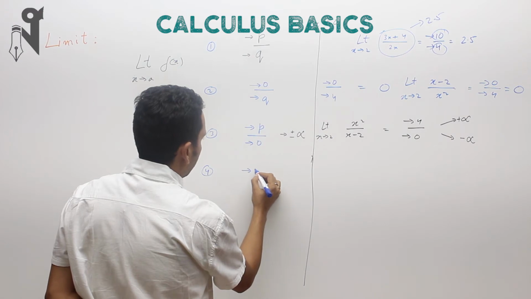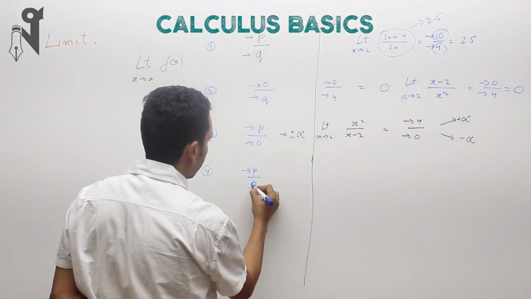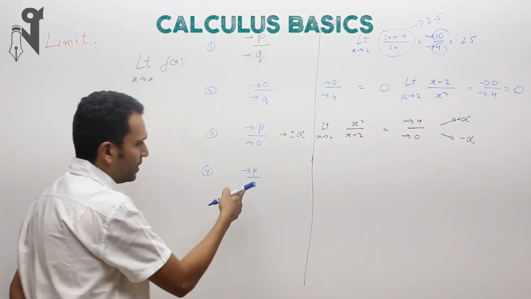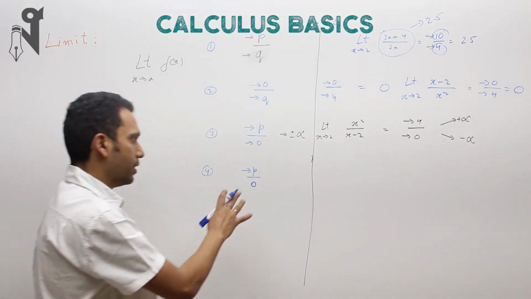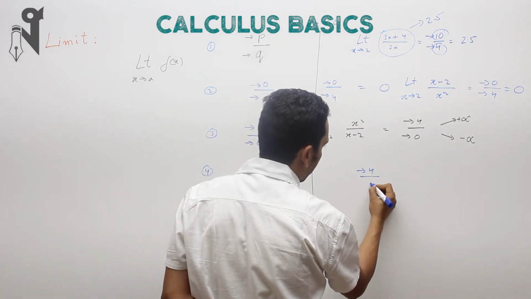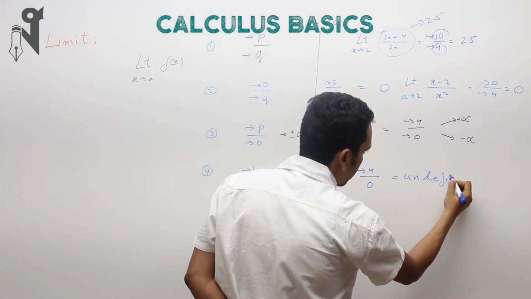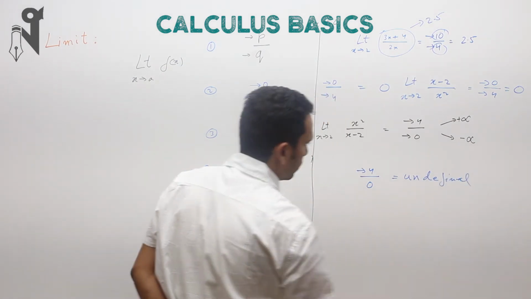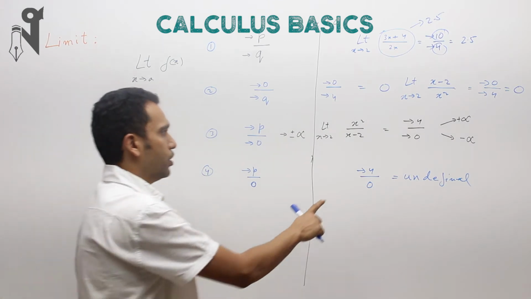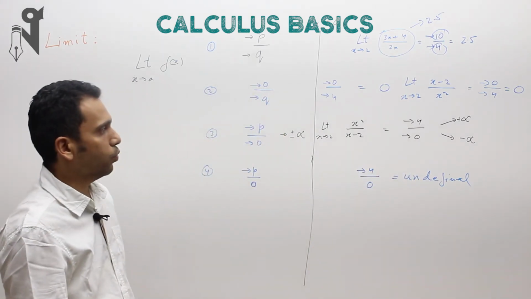And then the next kind can be something tending to p divided by an exact 0. Now if you have an exact 0 at the bottom, the answer is undefined. You may have something like tending to 4 divided by a 0. This is undefined. There is no number which when multiplied with 0 can produce a number which is near to 4.